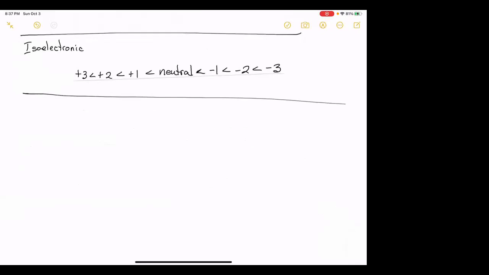quantum numbers are always N, L, M sub L, M sub S. It's always in that order. N will always be a whole number starting at 1. So it'll be a 1, a 2, a 3, and so on. L will always be 0 to N minus 1 on a number line.